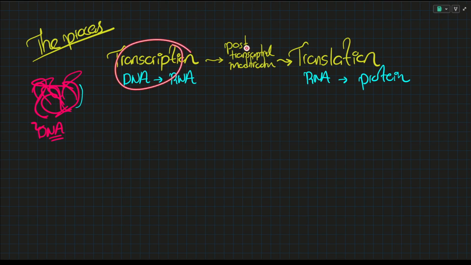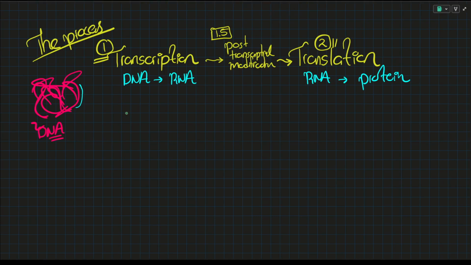Now in IGCSE, it was a straightforward two-step process. Transcription number 1, translation number 2. Still, that's the idea. Those are the two main things, but there's a small sub part. We'll call it 1.5. This is known as post-transcriptional modifications, and we will be looking at what these post-transcriptional modifications are in a little bit more detail.